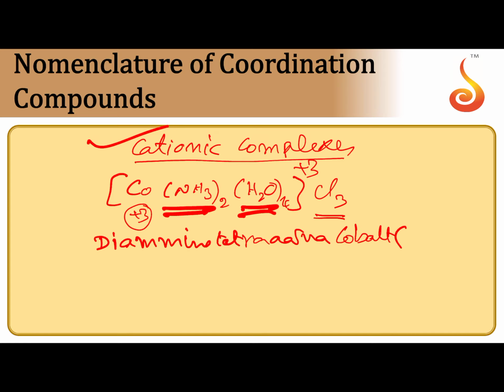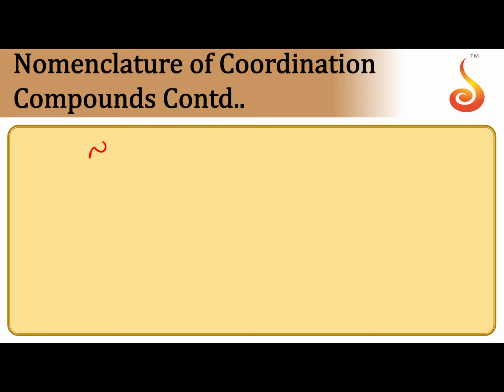You write the name of the central metal atom and mention the oxidation number in Roman numerals in the bracket, III. Then you write the name of the counter anion, singular. Even though 3 anions are there, you write only singular because this is not a ligand. You have to mention the number of ligands only, not the number of counter ions. Just chloride is enough, no need to write trichloride.